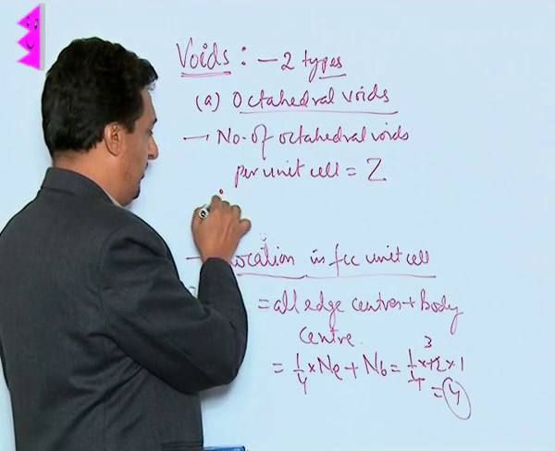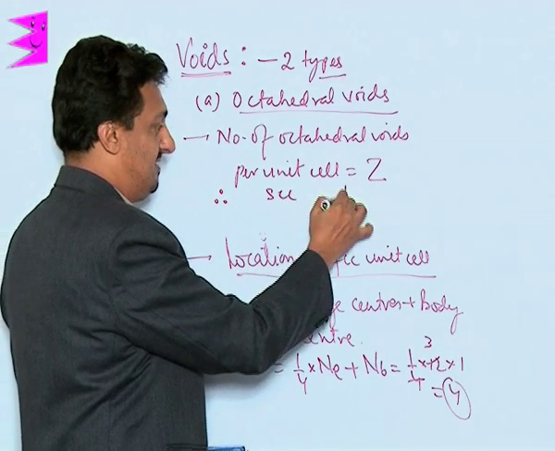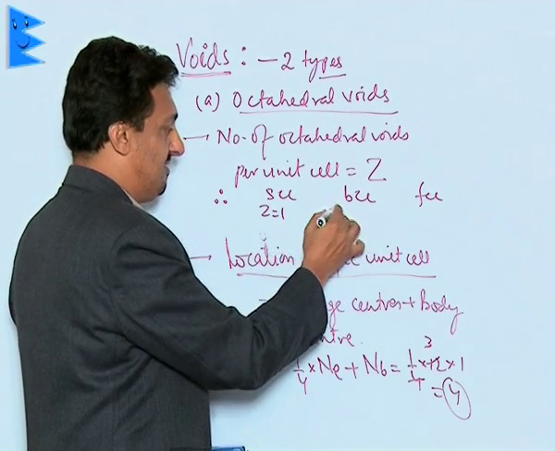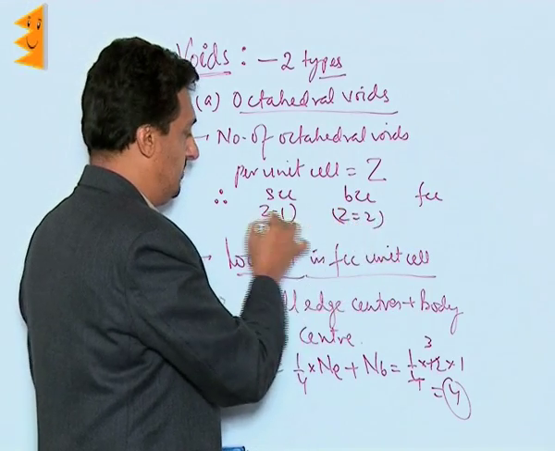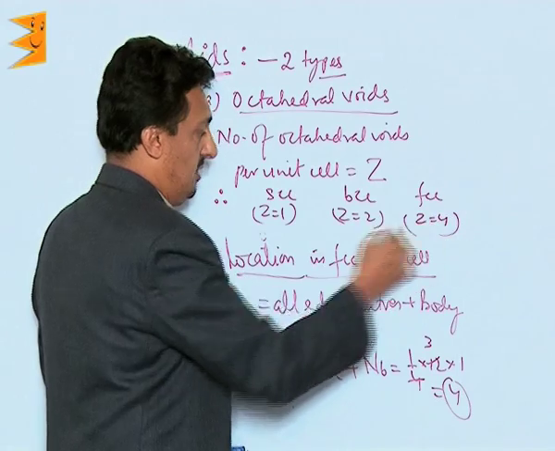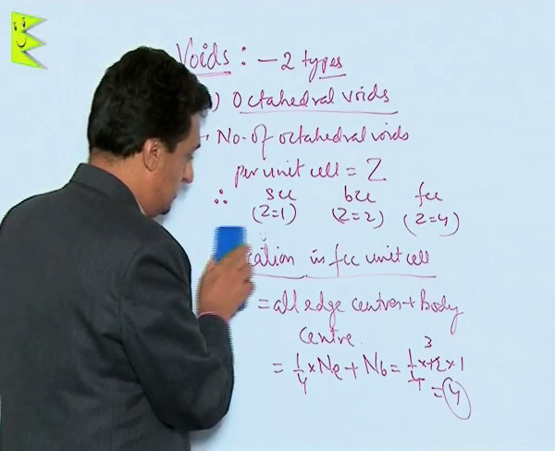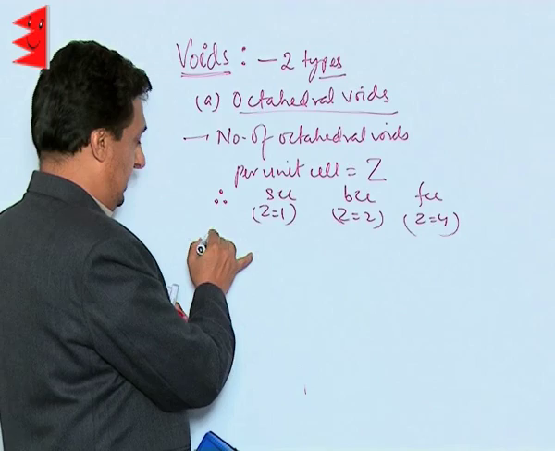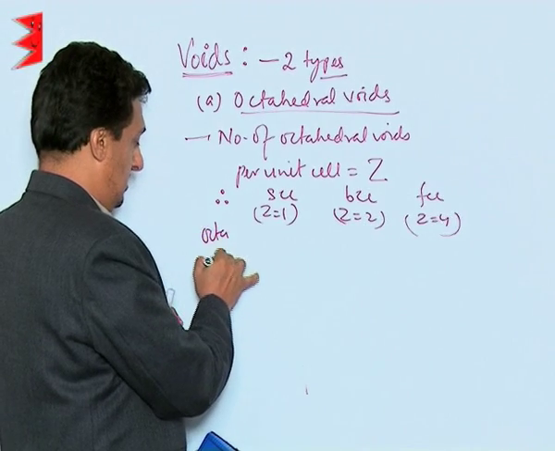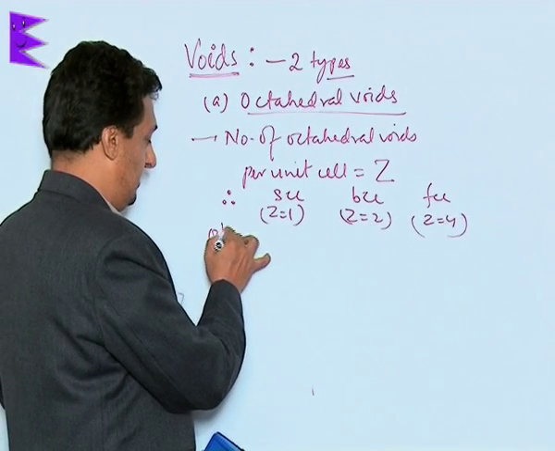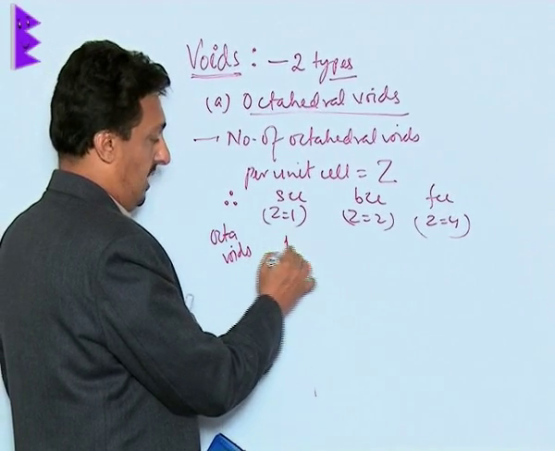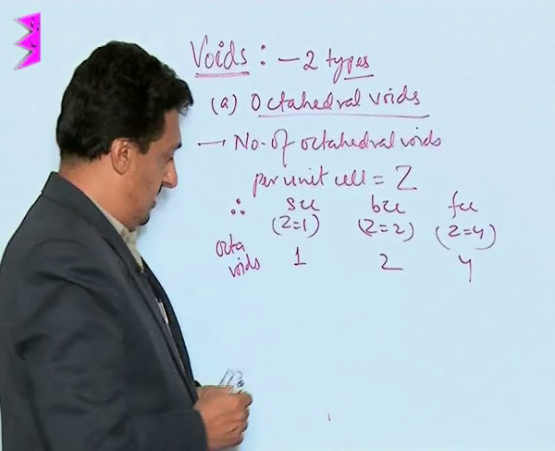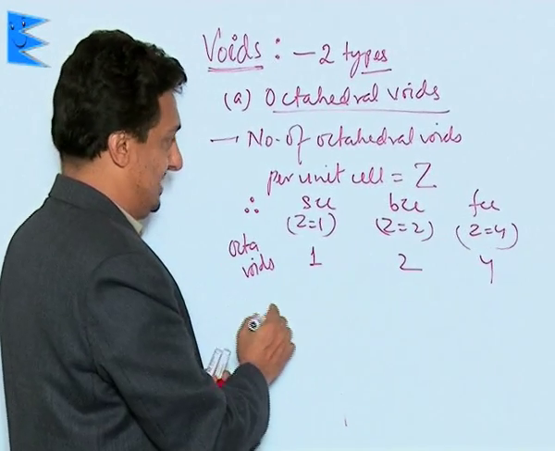Therefore, in case of SCC, BCC and FCC, since Z is 1, 2 and 4, we can easily make out that the octahedral voids are 1, 2 and 4. So this is the number of voids we have in these unit cells.